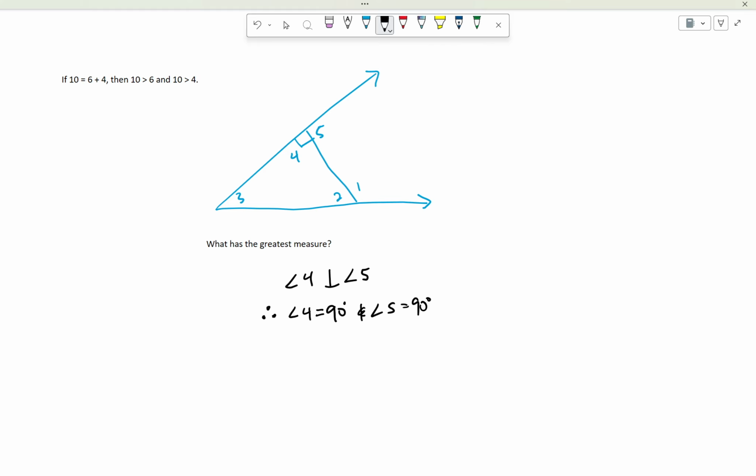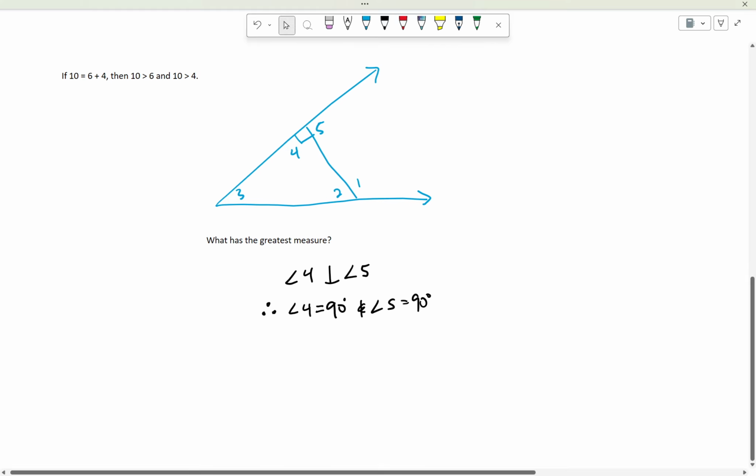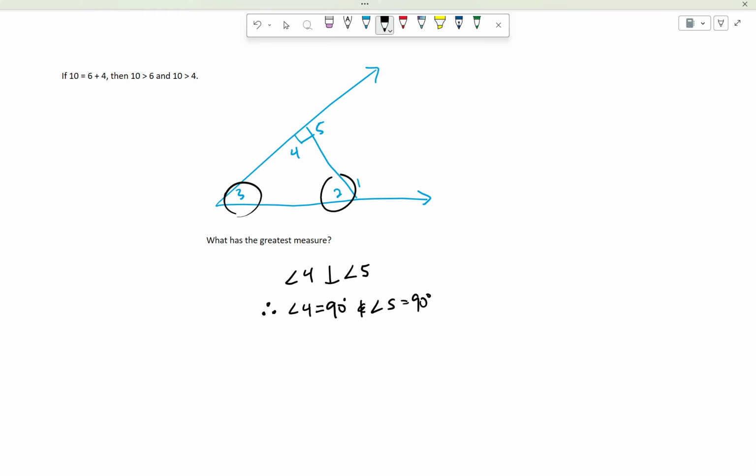So now we have this right triangle, and we actually just discussed this. It's actually a corollary: specifically, we had the theorem about the interior angle sum for a triangle, but for a right triangle, we know these two acute angles have to be complementary. That was the corollary that we had.